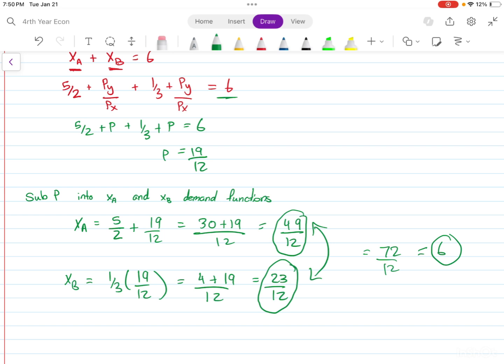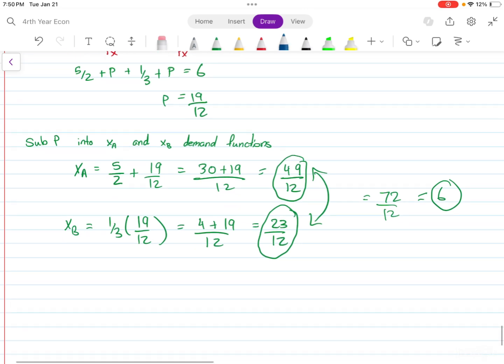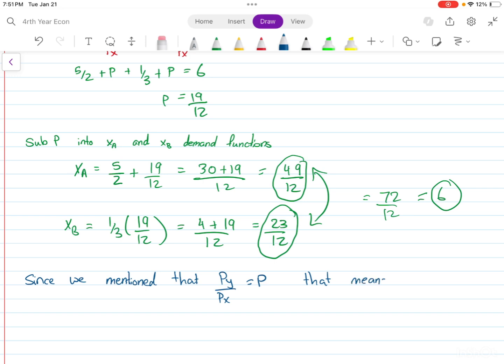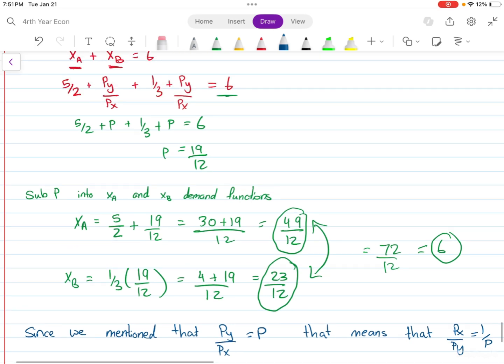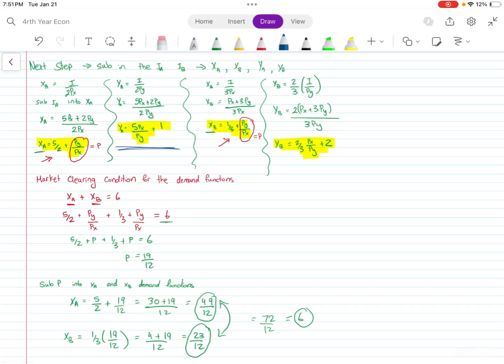Now, since we denoted Py over Px as P, that means Px over Py is equal to 1 over P. So we can use the same formulas, but now for Y, and sub in 12 over 19.